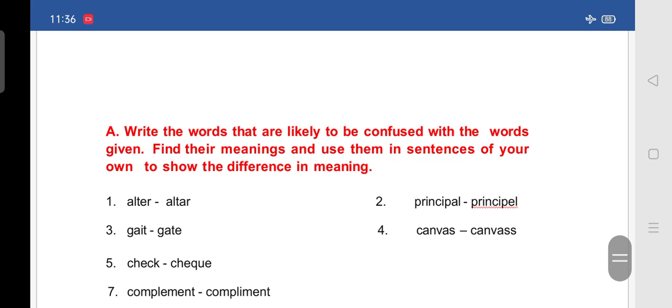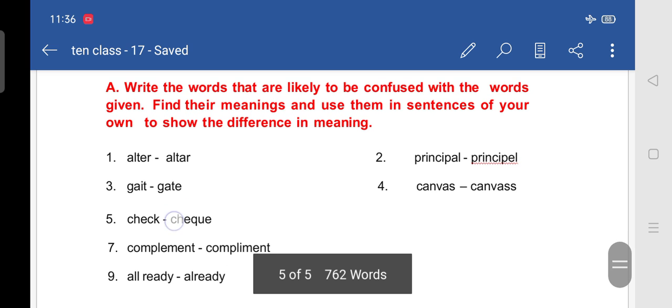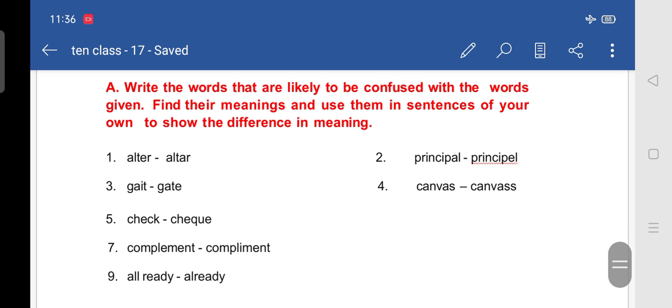So here they have given, you see, A. Write the words that are likely to be confused with the words given. Find their meanings and use them in sentences of your own to show the difference in meaning. They are asking us to write the similar word which we get confused with, then find the meanings of those two words and use them in our own sentences.